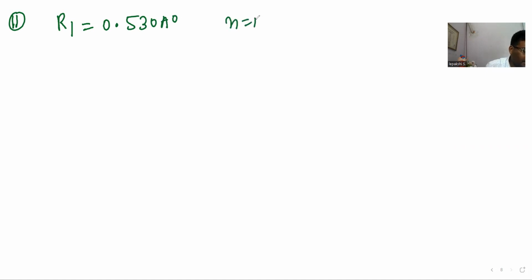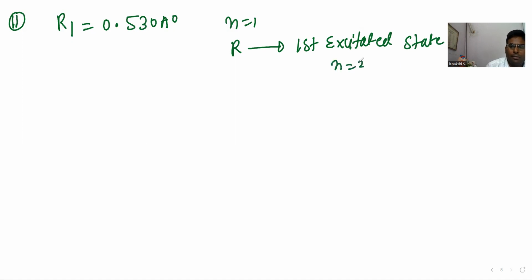You have to find the radius for the first excited state, which means n equal to 2. It is asked in 1998. So let's see the explanation.